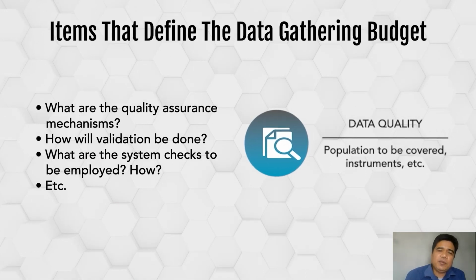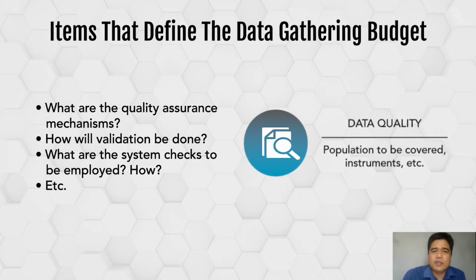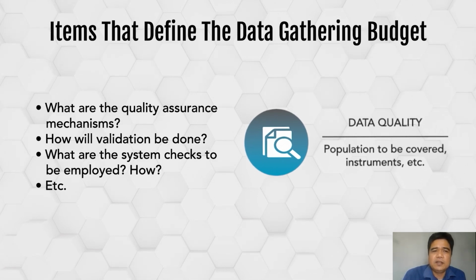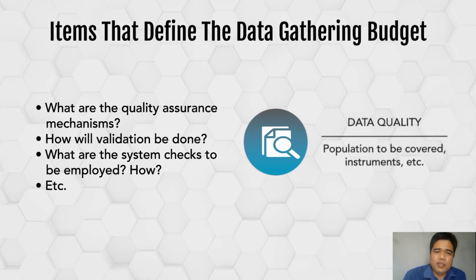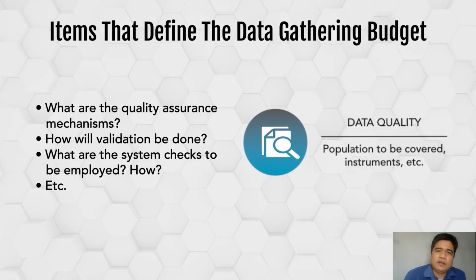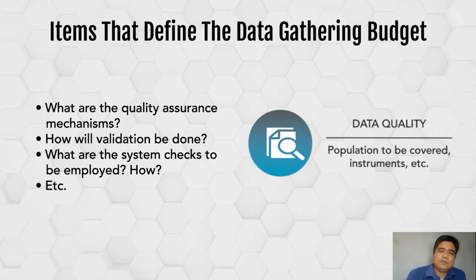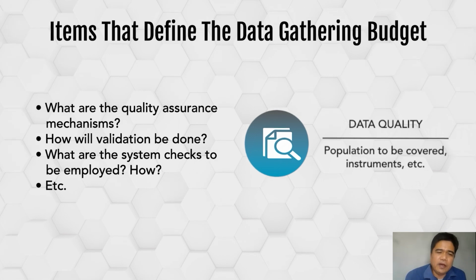And for the data that will be gathered, will there be validation? How will this be done? Should this be presented back to the population, to the communities, if it is a survey or an enumeration? What are the system checks to be employed and how?